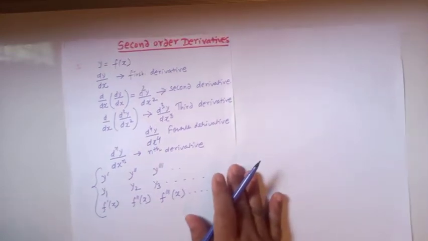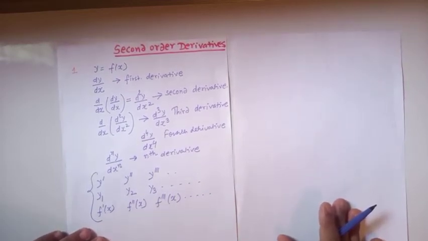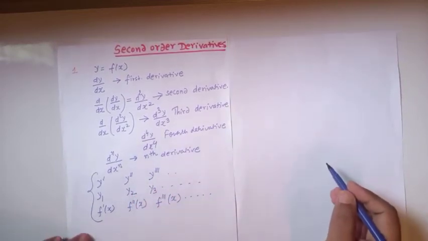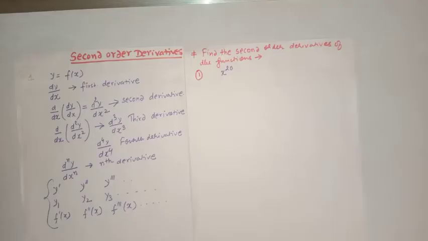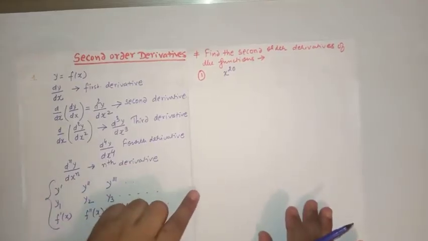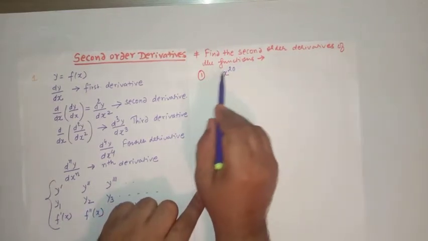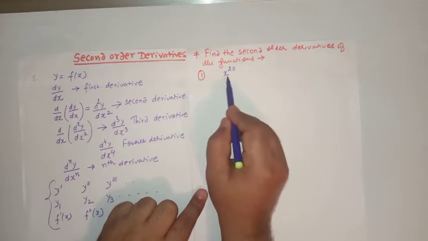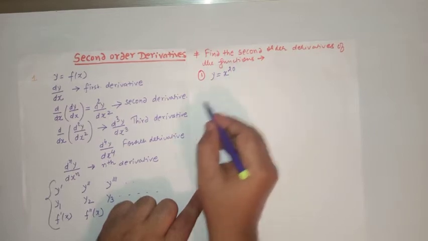So viewers, this is just the introduction of higher order derivatives. Let us solve some problems. Now viewers, let us take this problem. Find the second order derivatives of the functions. So the first function is x raised to 20. Now let us take y is equal to x raised to 20.